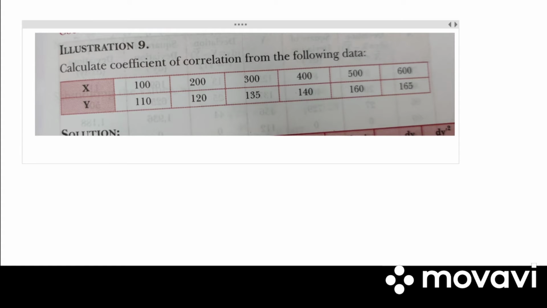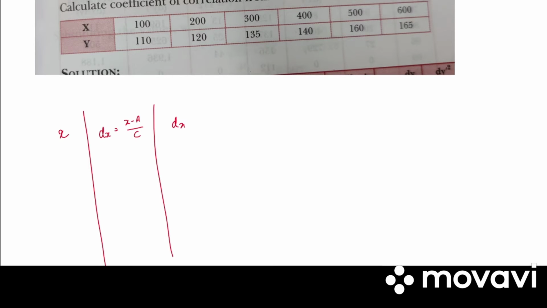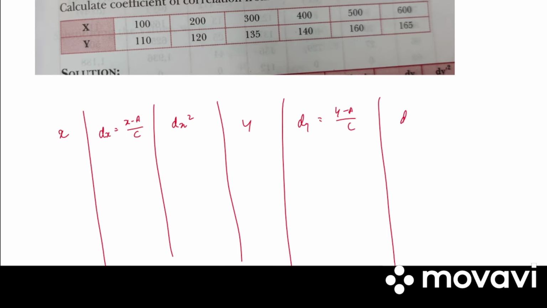Next, take down illustration 9. Calculate coefficient of correlation from following data. Here, as the numbers are very big, I would be using the step deviation method. So we have first column x, then we have dx, x minus a divided by c, dx square, y, dy, y minus a divided by c, dy square, dx dy.